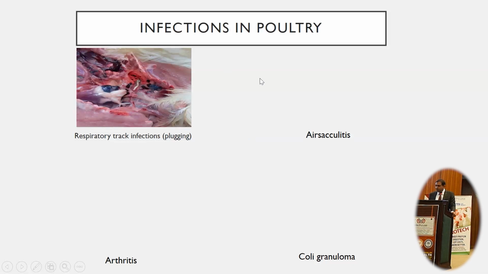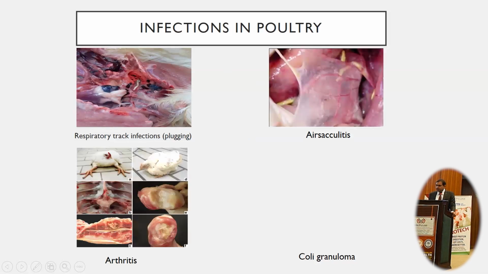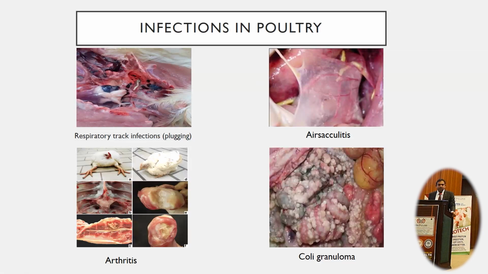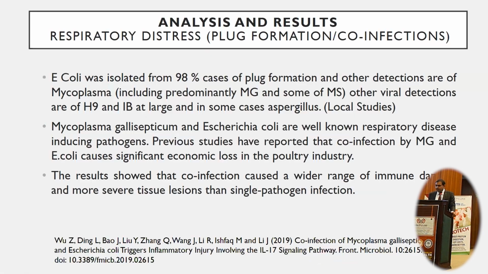This is also due to E. coli. Also arthritis and polyserositis. All these infections are caused by E. coli. So we always face the problem of respiratory plug formation when there is less humidity.